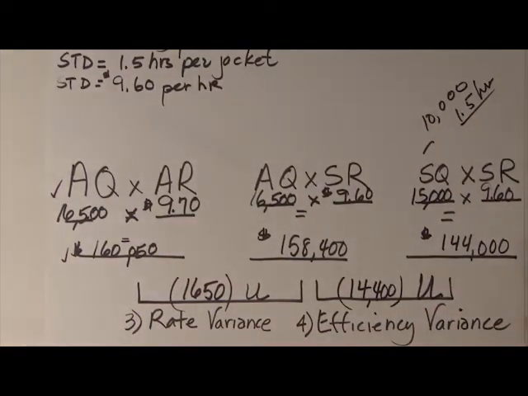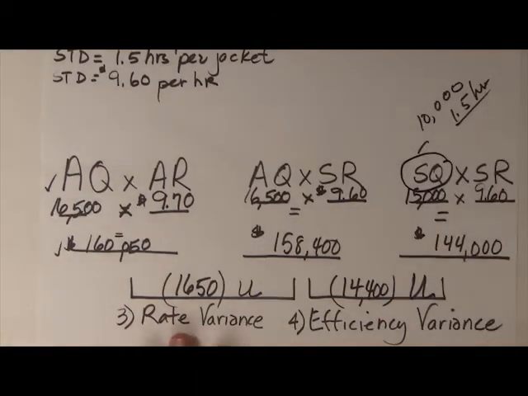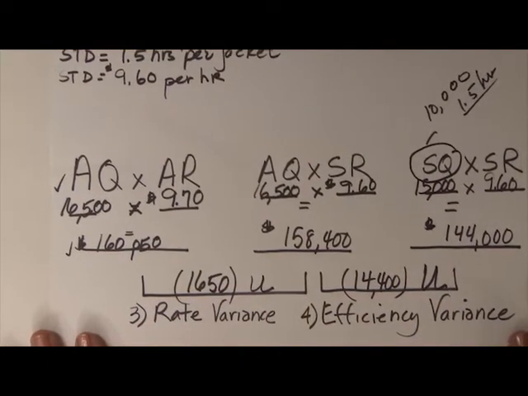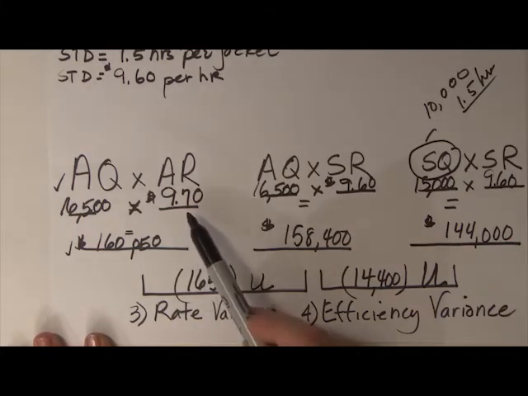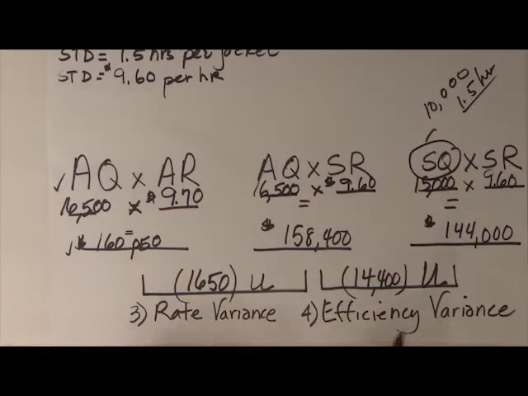Actual on the left, standard on the right, and this must always be computed. How many hours should we have used to make this many jackets? What could be going on here is perhaps we tried to get more experienced labor, and this caused it to be a little more expensive.